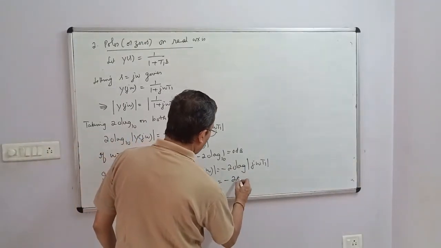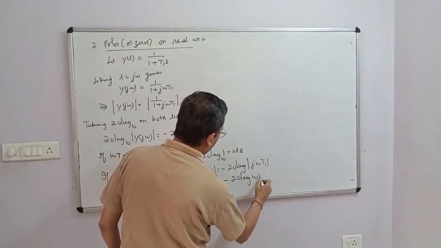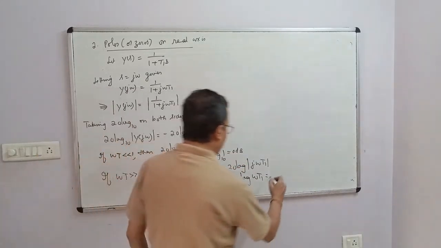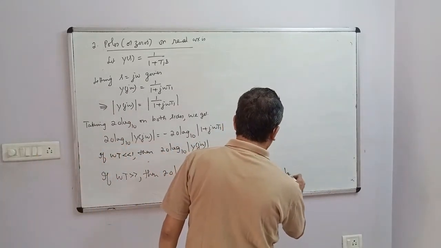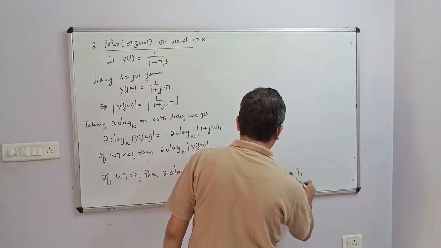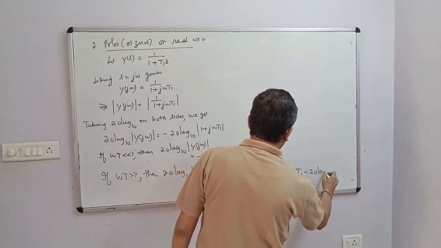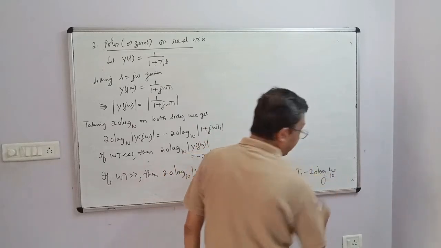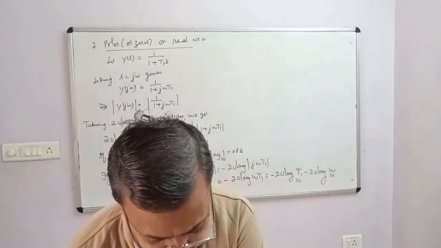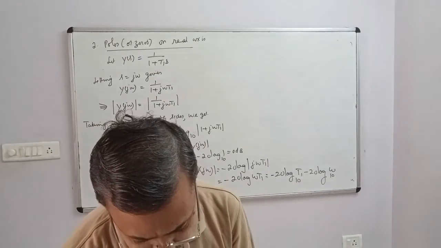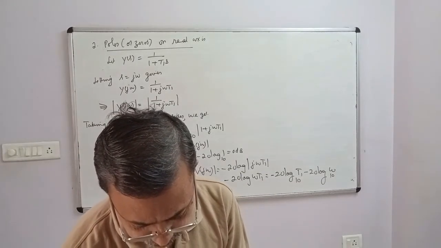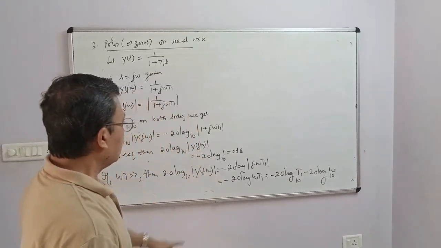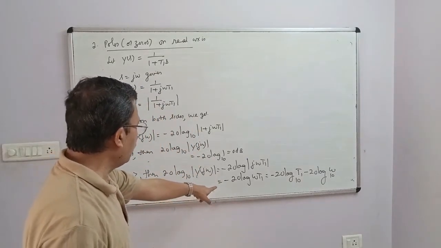So this is nothing but minus 20 log omega T1 because magnitude of j is 1. So this is minus 20 log T1 to base 10 minus 20 log omega to base 10. Correct? So I will plot using this equation.